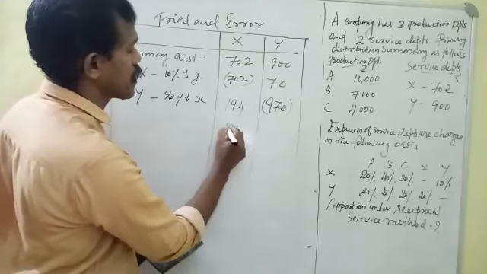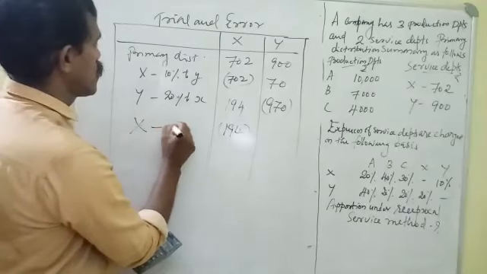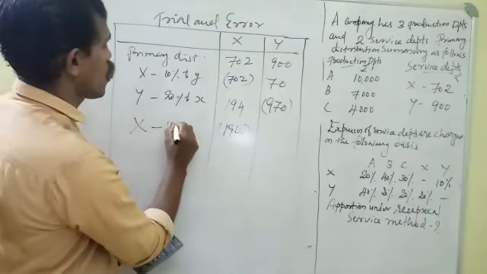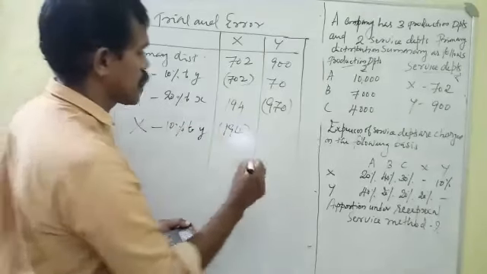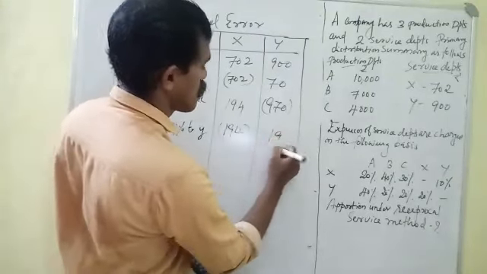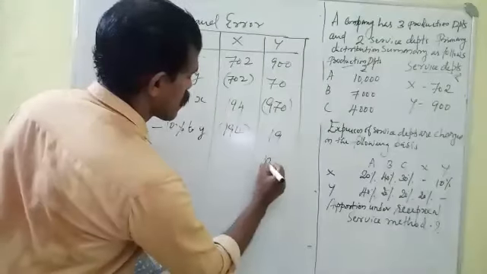Then we charge 10% of this 194 to Y, which comes to around 19. Now we have 19 in the column of Y.